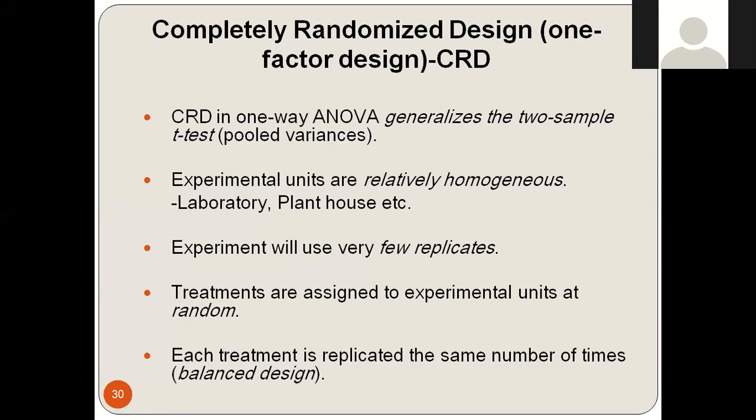You can have unbalanced also, but the only problem is if it is a balanced design, all treatments will be estimated equally because the replicates are the same. If it is unbalanced, the one which has more replicates will be estimated with much higher precision compared to the one which has fewer replicates, right?